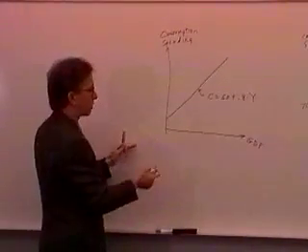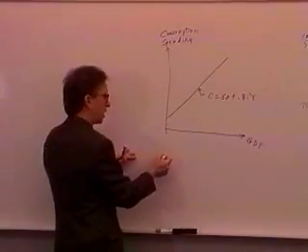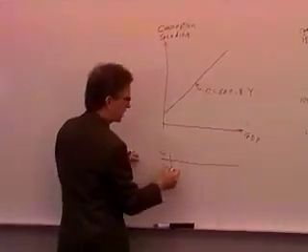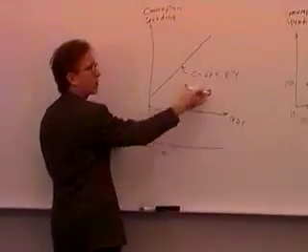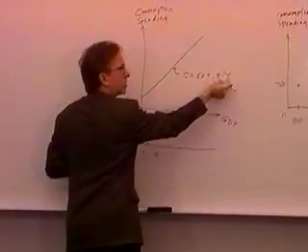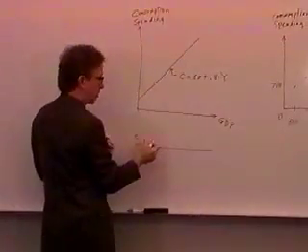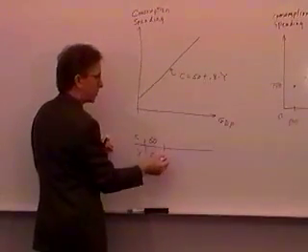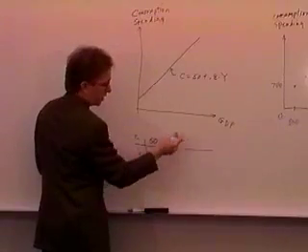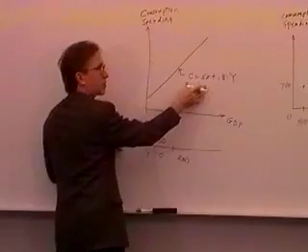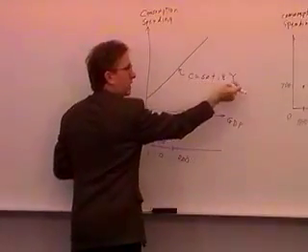Of course, a third thing we could do is actually create a table where we would say, if income is 0, then this formula says that consumption spending would be $50 plus 8/10 of 0, so consumption spending would be $50. 8/10 of 0, of course, is nothing. If income, or gross domestic product, was $200, then consumption spending would be 50 plus 0.8 times 200.